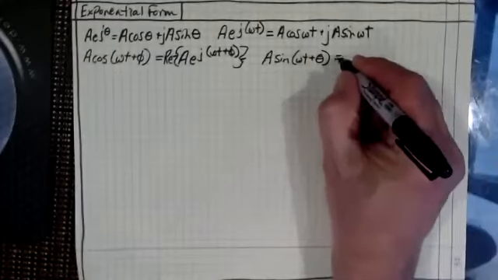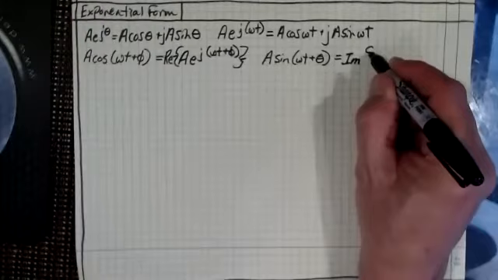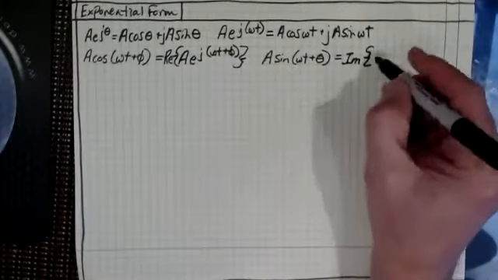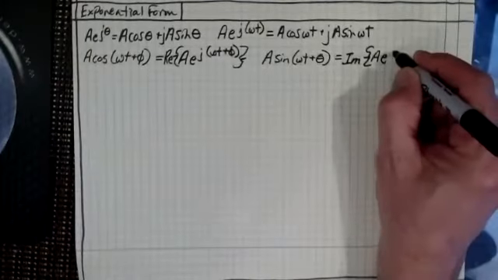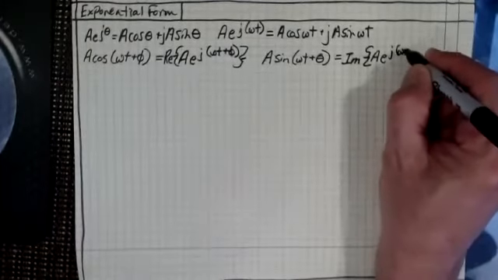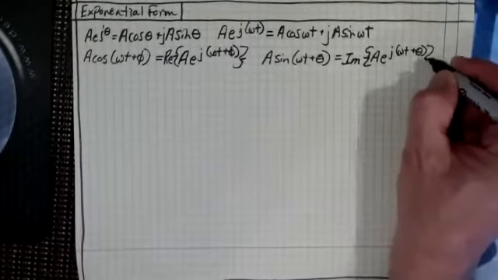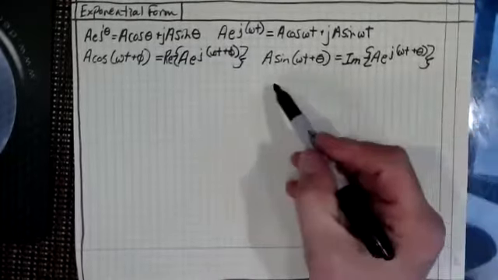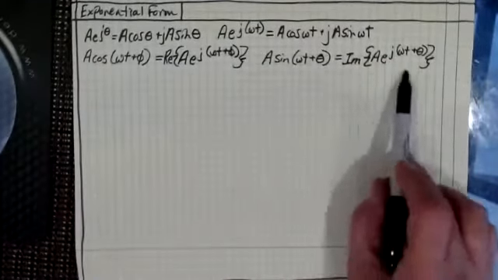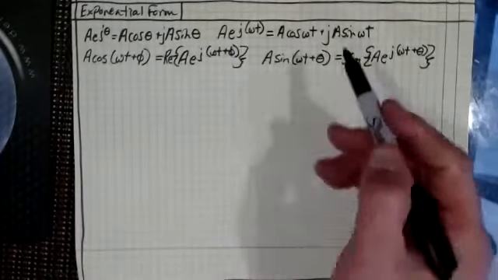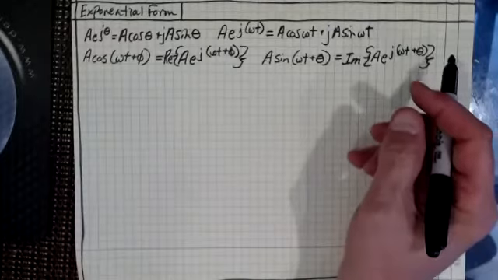Well, then what you do is you use the imaginary part of A times e to the j omega t, and in this case I use theta just to differentiate that you don't have to use the same angle. Whatever the angle is, who cares? And that's just the notation that you would use. So real, imaginary, and I just wanted to point that out to you.